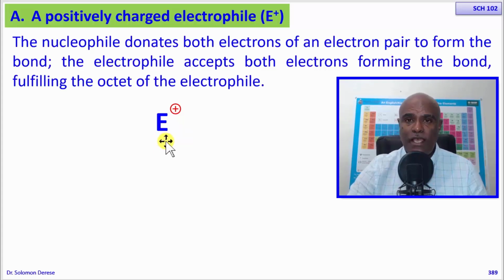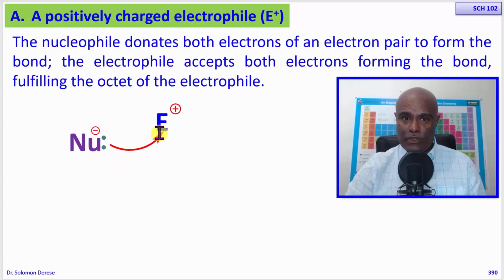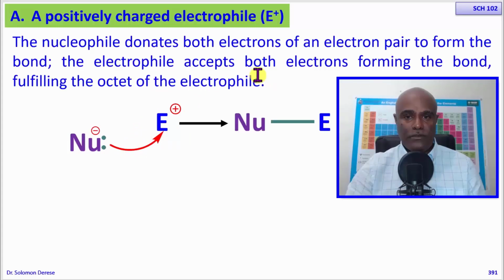For example, if it is a carbocation, it will only have 6 electrons in its valence shell. So when a nucleophile attacks such electrophiles, the electrophile will just accept the electrons of the bond. When it accepts the electrons of this bond, the electrophile will have an octet of electrons. Nothing else will happen. Since it does not have an octet, it will happily accept these 2 electrons from the nucleophile in order to fulfill its octet.